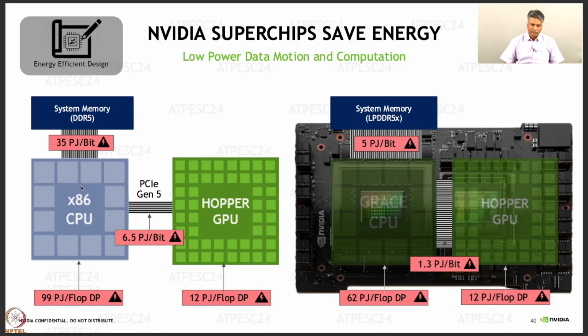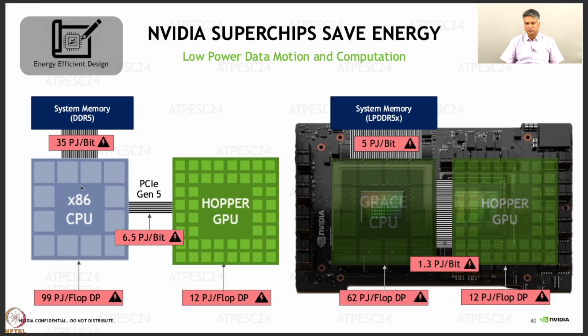Typically, the cost of doing a double precision floating point operation on the CPU is 99 picojoules. On the Hopper GPU, the same cost is about 12 picojoules per double precision floating point operation. Now, if I have a unified superchip, which is a system on chip, the transfer of data between the CPU and GPU costs only 1.3 picojoules per bit.